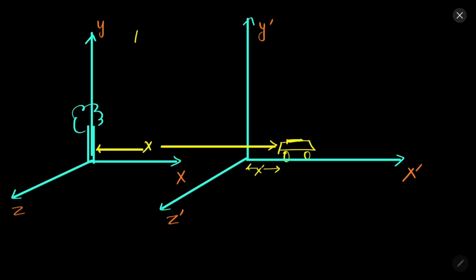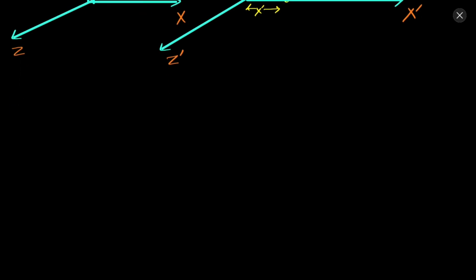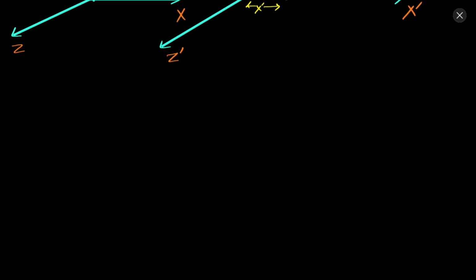Let's say that this is our axis or frame A and this is B. Now let us assume that the car is moving with some constant velocity. What will be the things which will be changing, and what will be the things which will be the same in both the axes or frames of reference? Let us try to understand that.